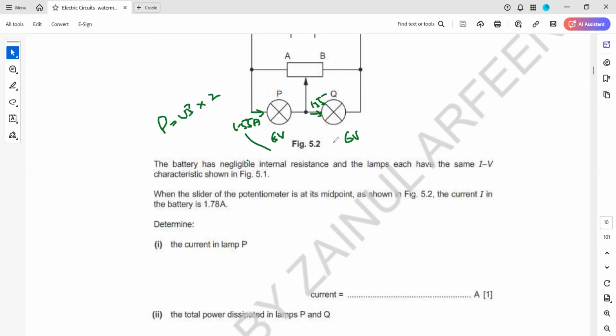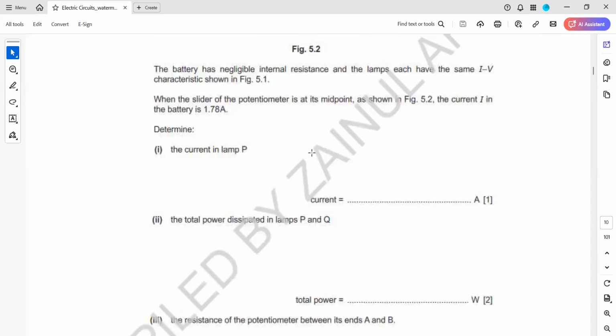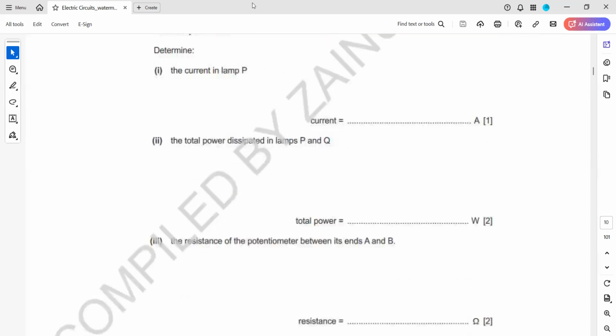So 6 times 1.55 gives 9.3 for each. And then 9.3 multiplied by 2 gives 18.6 for both. Because we need it for both, that's why we multiply by 2. So the power dissipated in each is 9.3. We multiply by 2, we get 18.6.